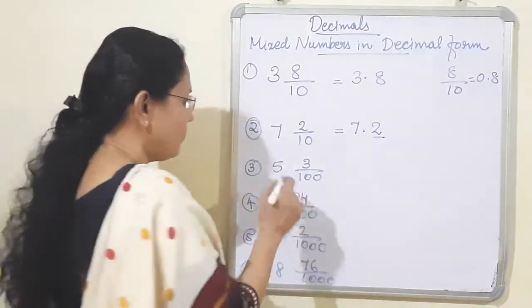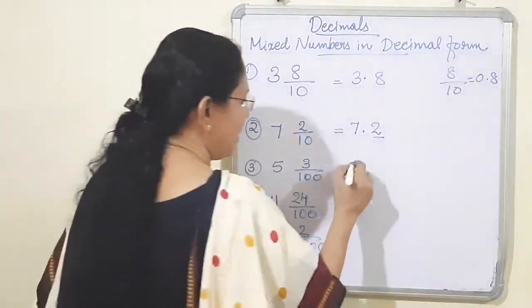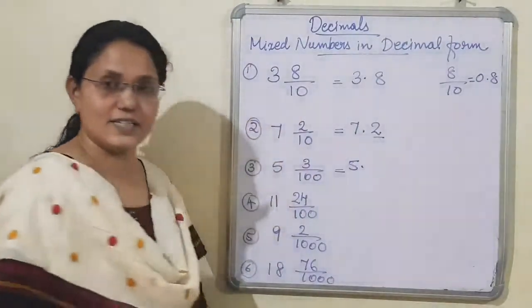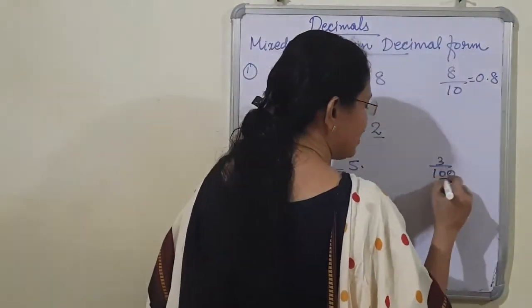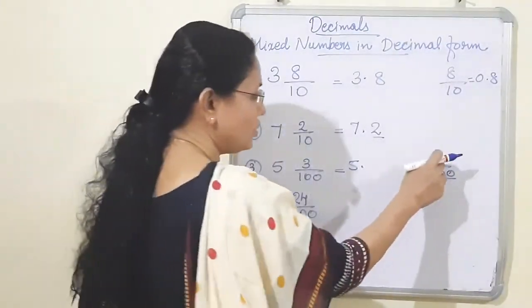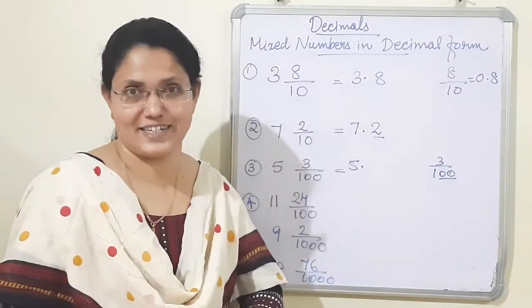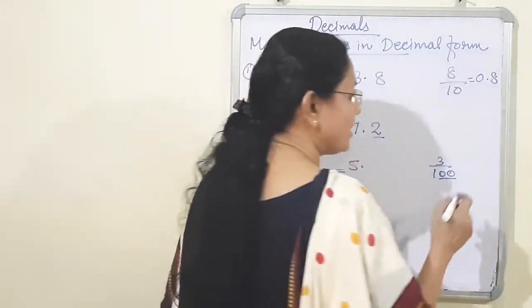Okay. Next, 5 3 by 100. Here the whole number is 5. After the whole number we must put a decimal point. Now 3 by 100. In 100 there are two zeros, so we need two decimal places. But in the numerator there is only one digit. Then how can we make two?